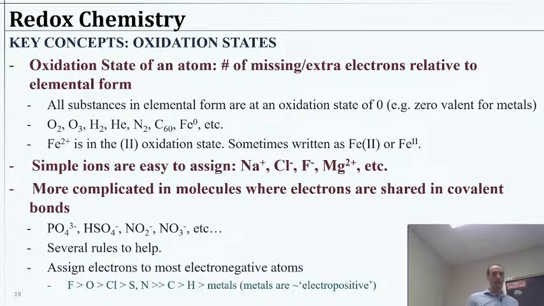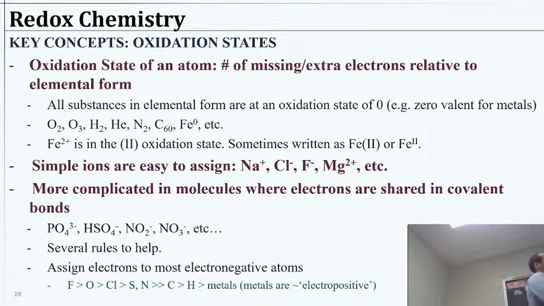Now, when we talk about an elemental form, this is the form if we just have that pure element. It could be O2 or O3, could be H2 gas, could be helium, could be N2 gas, could be diamond or graphite, or my fun example, fullerene C60 or something like that. Could be iron, what we would call zero valent.